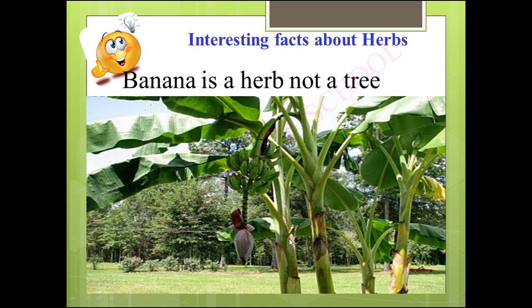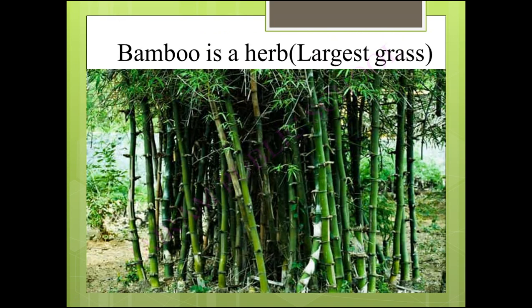As we read, herbs are thin slender plants, isn't it? The same way, the banana is a herb and it is not a tree. Next, bamboo is also a herb. It is the largest variety of grass. It is the largest grass in the world. So bamboo is a herb and it is not a tree.